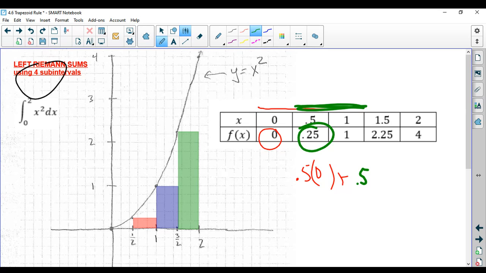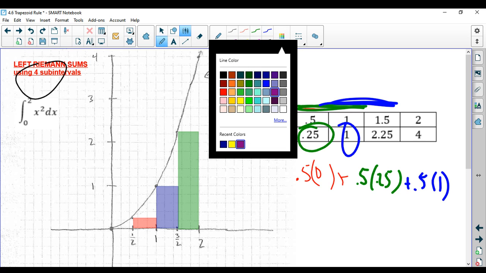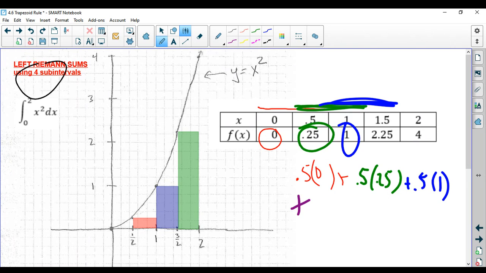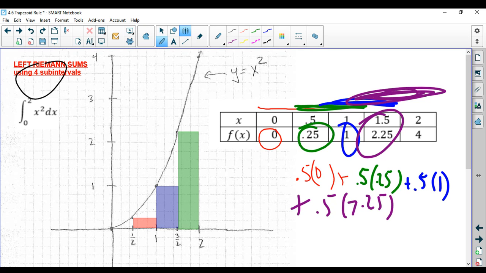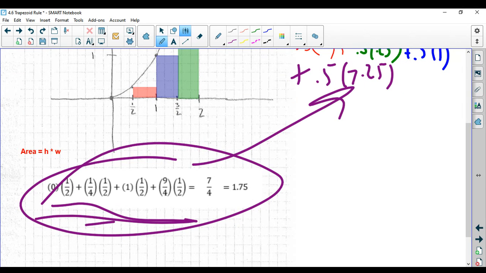The left value is 0.25, and so on. Third rectangle, still 0.5 is the width, height is 1. And last rectangle, from here to here, still 0.5 is the width, and its height is, sorry, 2.25. And the answer is that. These are the same things as these, except they're in decimal.